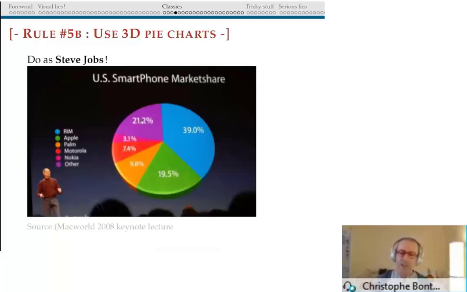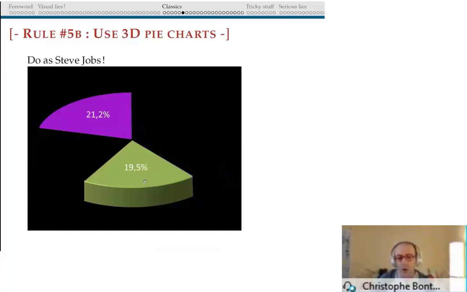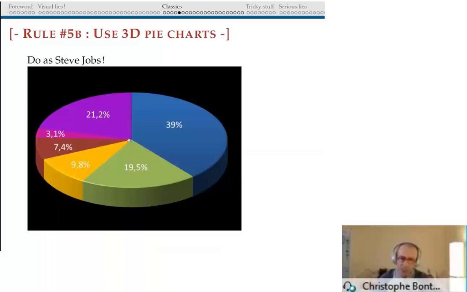When you look at this 3D graphic, so I've done it again, and if you compare, for example, this and that, you have the impression that this is greater. So how much greater is it? In fact, this represents on the screen 30 square centimeters, and this represents 20 square centimeters. So when producing some sort of pie chart like that, you enlarge the slices that are at the front of the graphic, and you decrease the value or the perception of the value of the pie slices that are at the bottom.